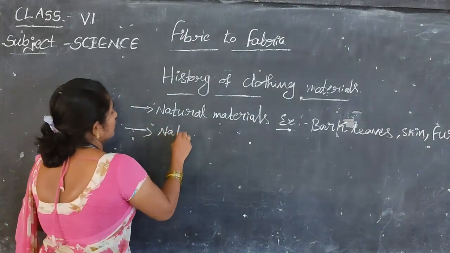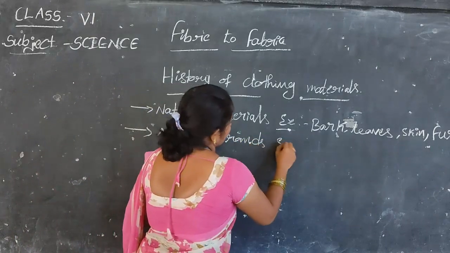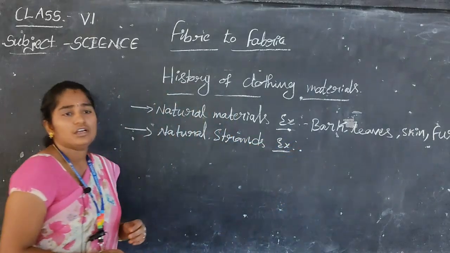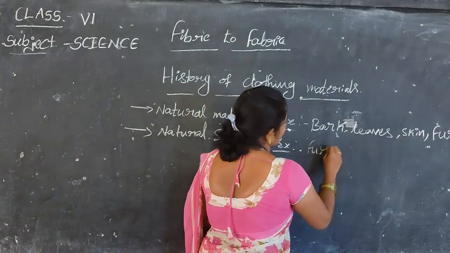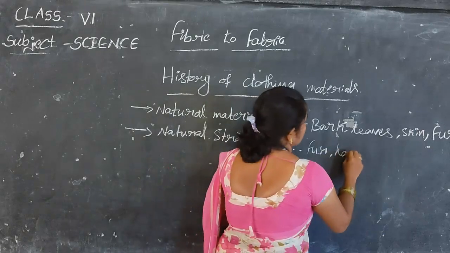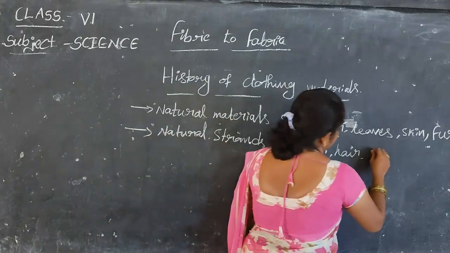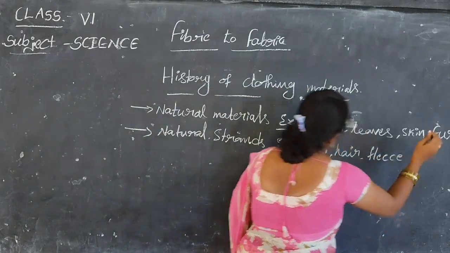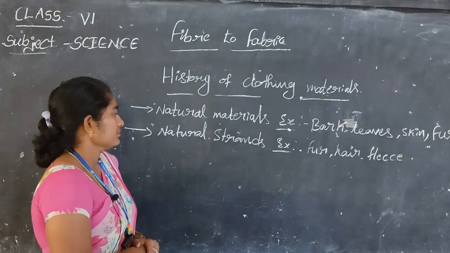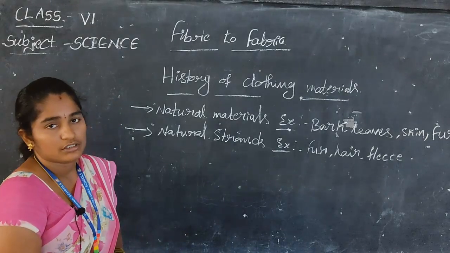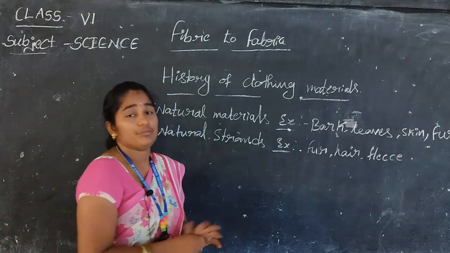Next, natural strands. What are the natural strands? Like fur and hair of the animals, and fleece of the animals they are taking, and they cover their body, and they are knitted and woven in natural method by hand.